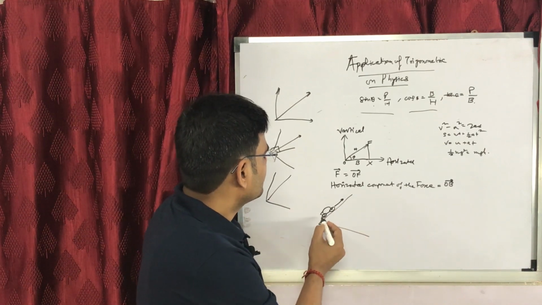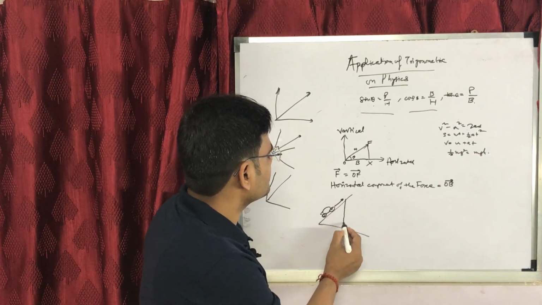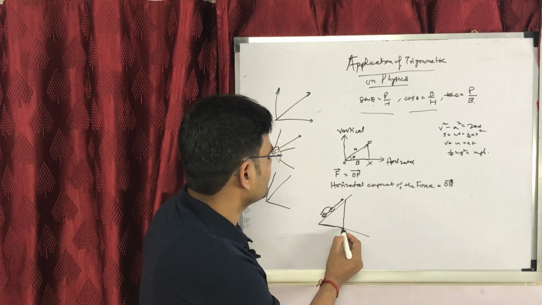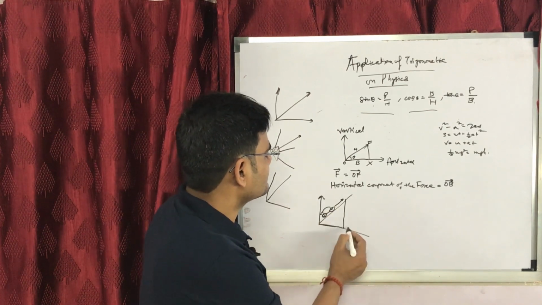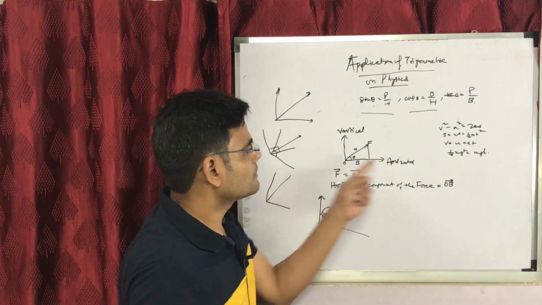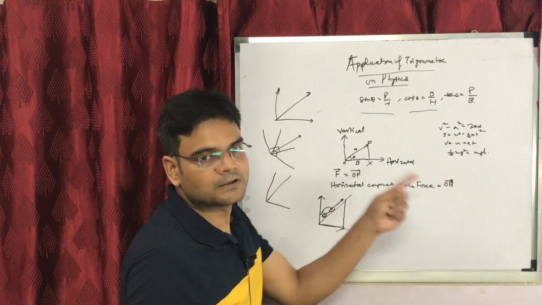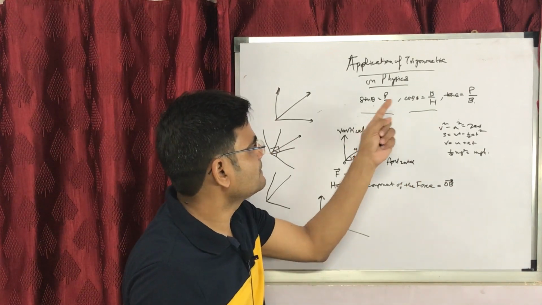So horizontally it's covering this much distance, right? And vertically it's the height that is getting considered. So that is the reason we break it into horizontal and vertical components, and that is where we apply this sin theta and cos theta.